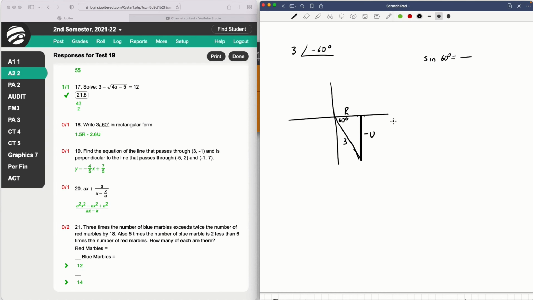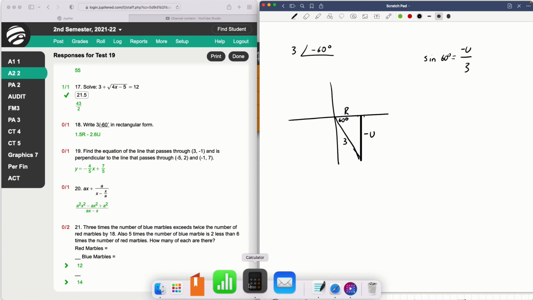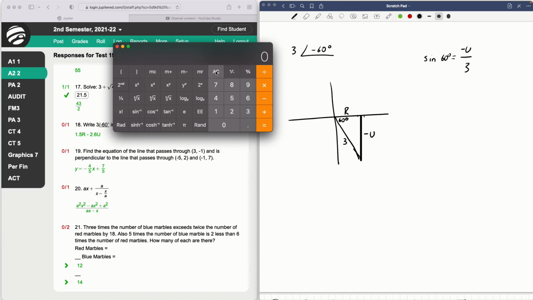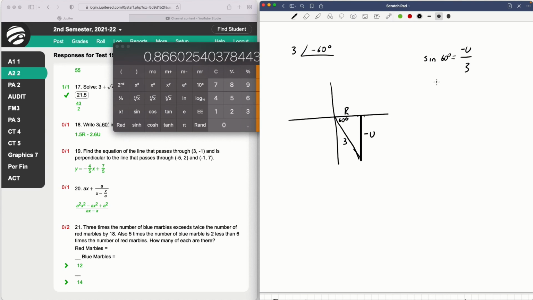So I find the sine of 60. I feel like we've done these a million times. The sine of 60 is 0.87. So 0.87 is equal to negative u over 3. Multiply everything by 3.